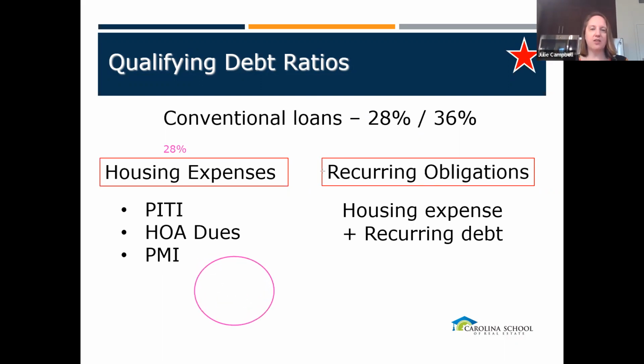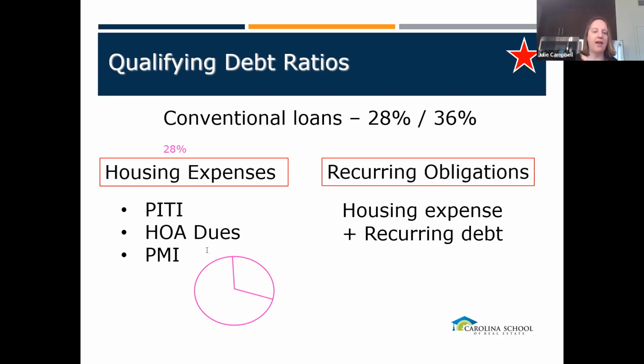The lender says, let's pretend that this entire pie, y'all know I like to talk about pie now, right? This entire pie represents your monthly income. How much money do you have coming in every month? If you have a significant other, they will take your significant other's income into consideration as well. So the whole pie represents your household monthly income.